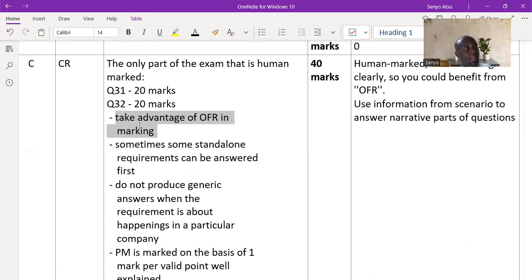Our marking scheme says it's a favorable variance, so we should be saying things in requirement B in line with favorable variance. But the candidate got adverse variance, so the candidate lost the 2 calculation marks.